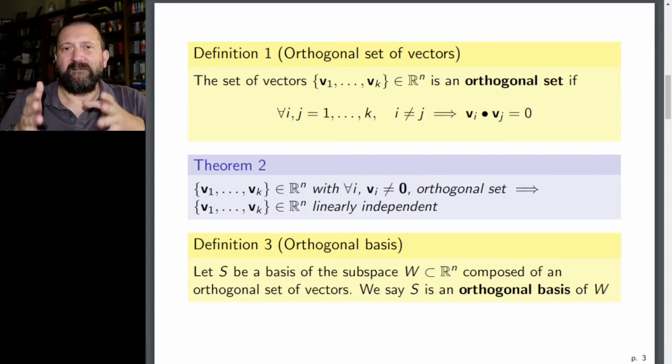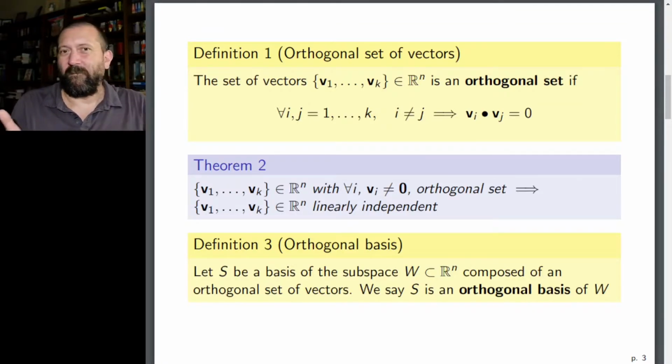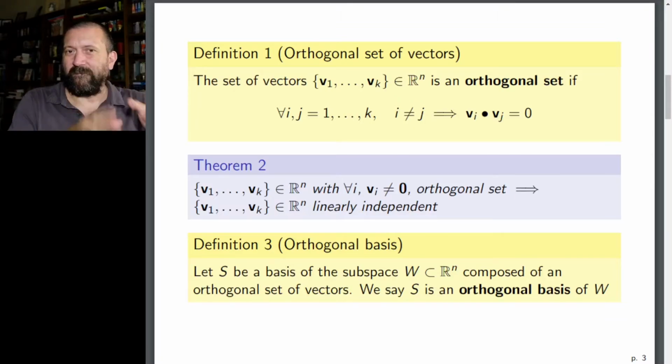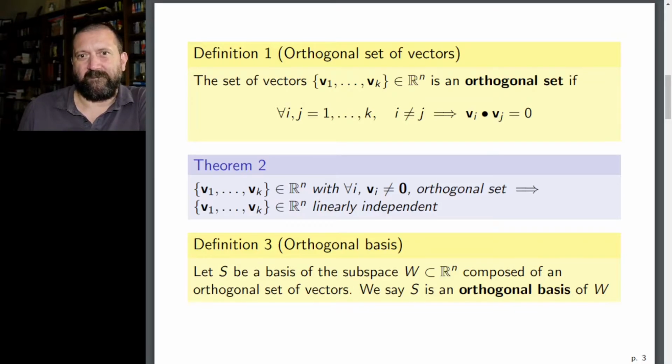So if I have an orthogonal set, so that each pair of vectors in the set is, as we often say, pairwise orthogonal, and all the vectors are non-zero, then that set is also linearly independent. This is an implication. You can have a linearly independent set that is not an orthogonal set, but in this direction it works. If I have an orthogonal set and none of the vectors are zero, then I have linear independence of the vectors in the set.